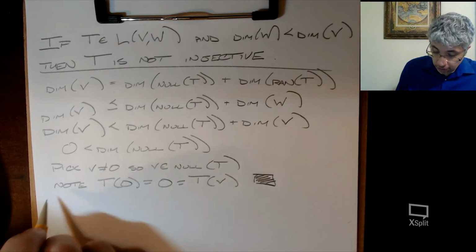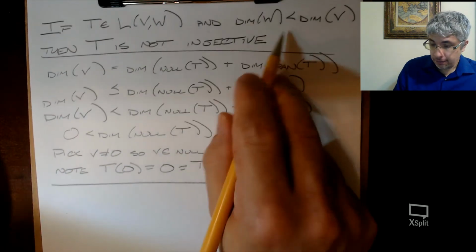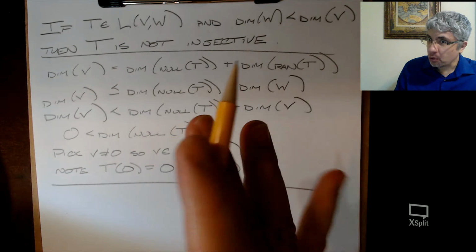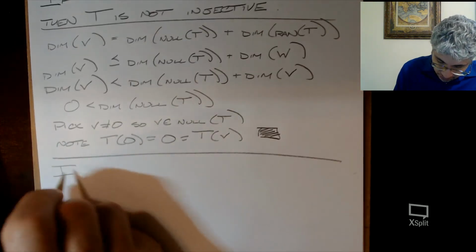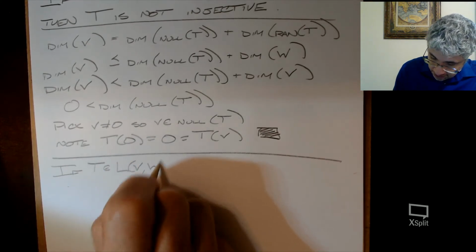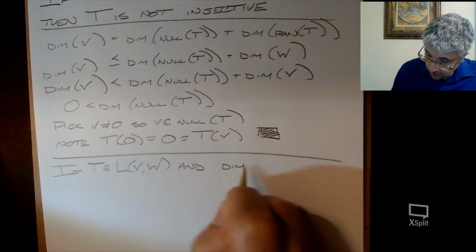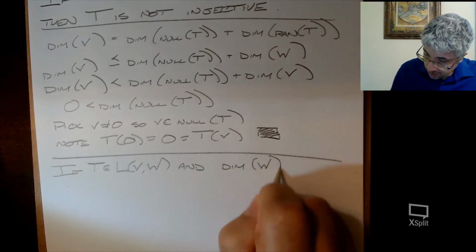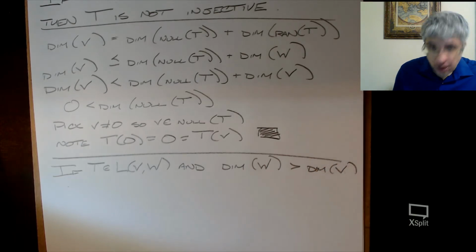Okay, well, we can do something similar. What happens if I flip this? So if T is a linear map from V to W, what happens if the dimension of W is bigger than the dimension of V?